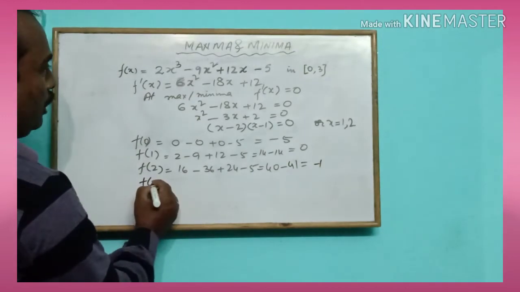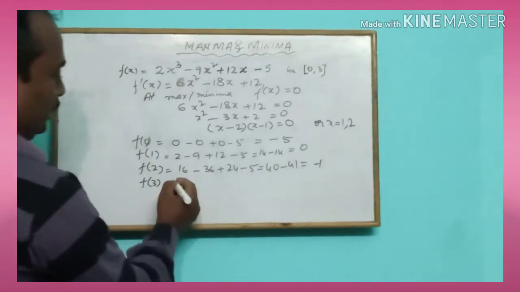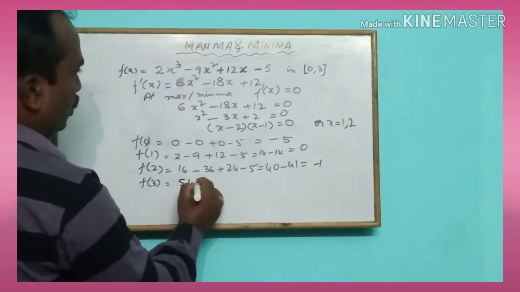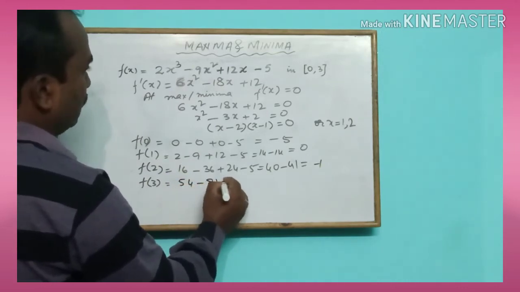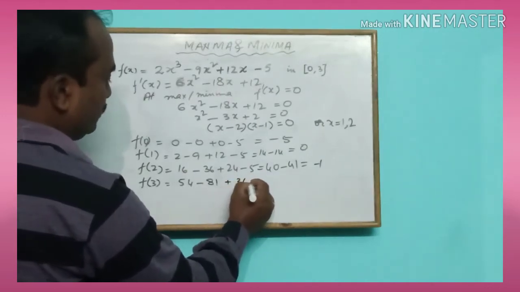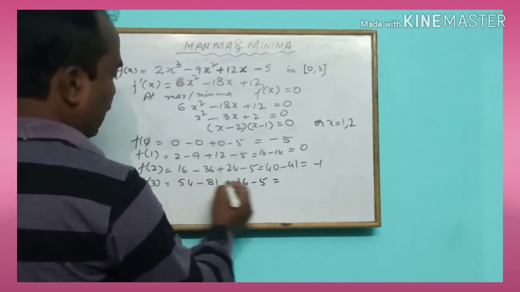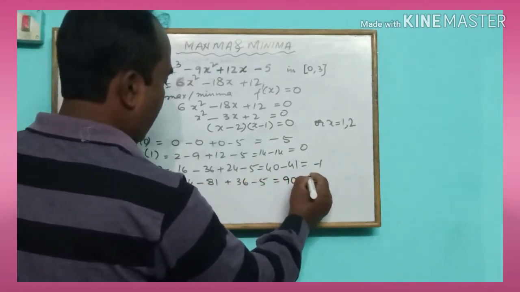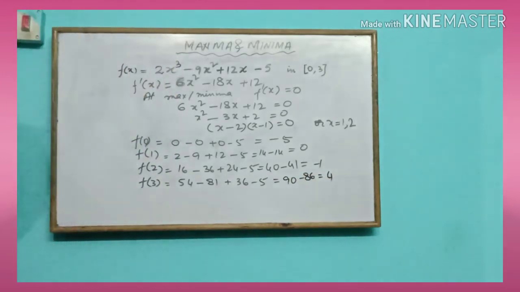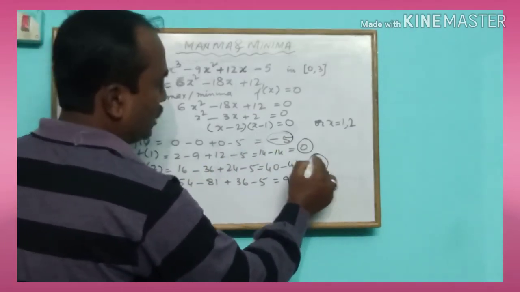And f(3) is 54 minus 81 plus 36 minus 5, that is 90 minus 86, that is 4. So we have got the values minus 5, 0, minus 1 and 4.